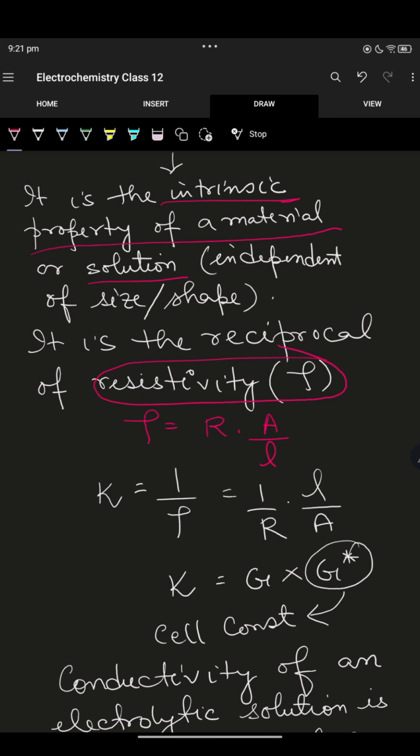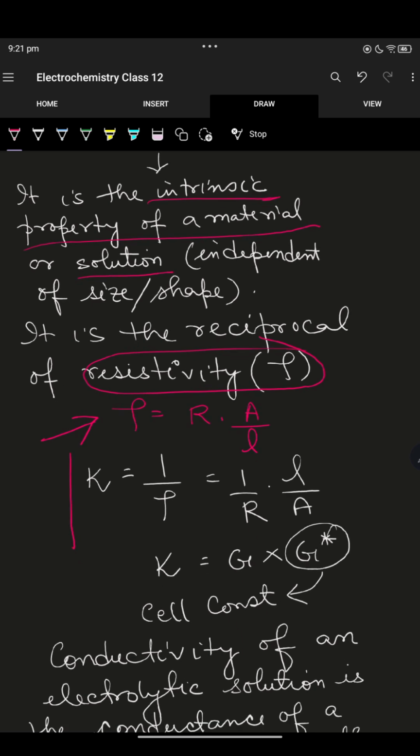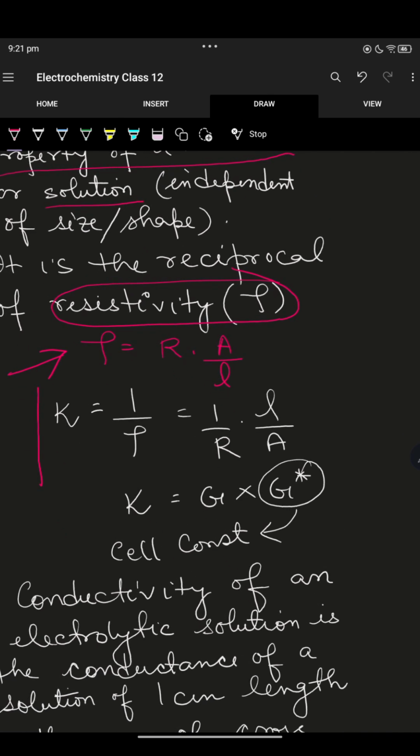Resistivity is rho, where rho is R into A by L. Conductivity kappa is equal to 1 by rho. So we can say 1 by R into L by A. Now 1 by R is G, conductance, and L by A is the cell constant G star. So we can say kappa is equal to G into G star.